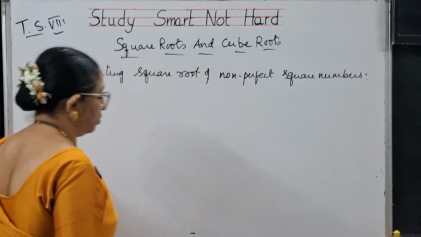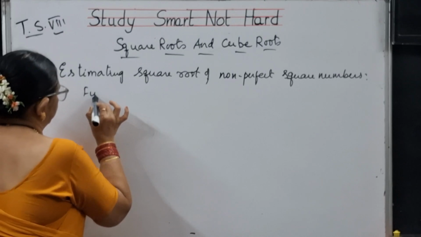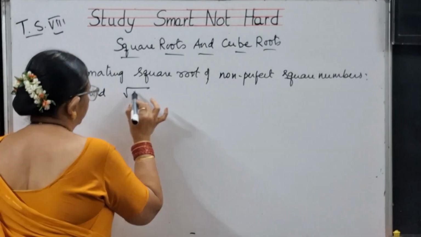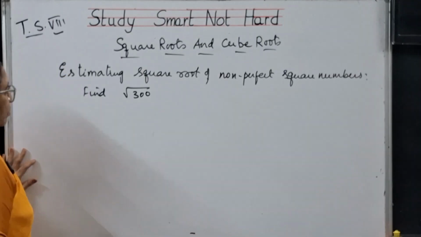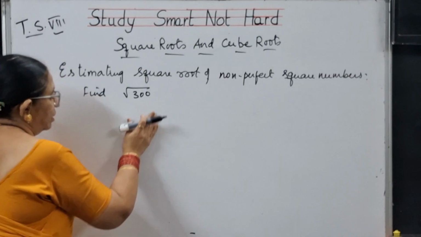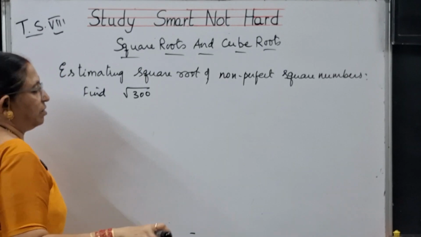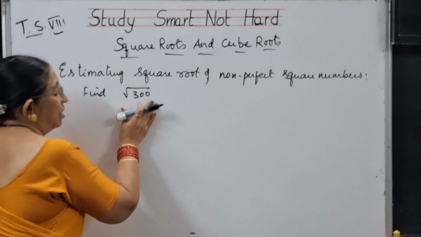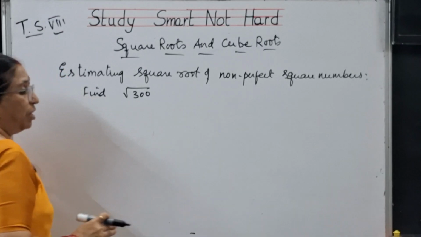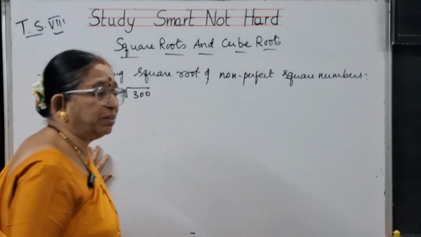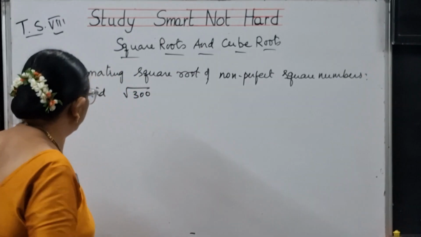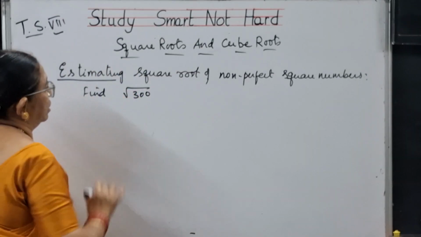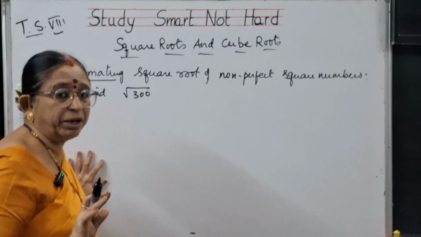So here you have got to find root 300. You know pretty well that 300 is not a perfect square. See, the division method is different, children. We have already done it like this. We have got non-perfect squares. We have done the division method, and whatever is the remainder we have subtracted. But here this problem itself is nothing but estimating. You are estimating not by dividing.